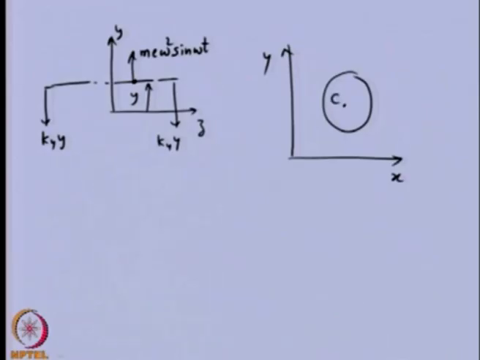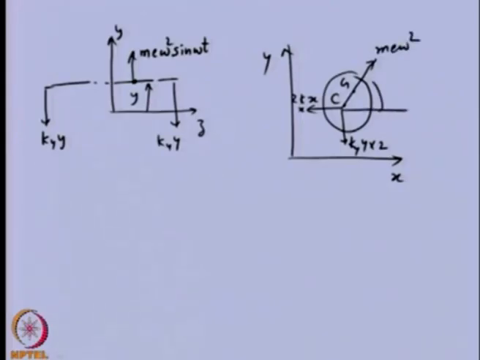This is the center of rotation, this is the center of gravity, and we have elastic force in the y direction and the x direction. So, this is the y direction, because 2 springs are there, so it will be twice of this, and in the x direction 2 kx, and the centrifugal force is acting, m e omega square.